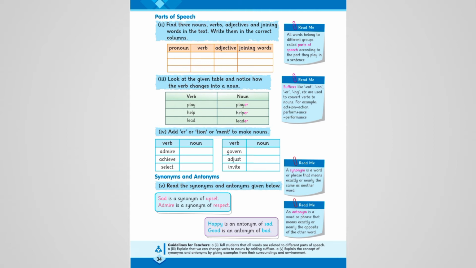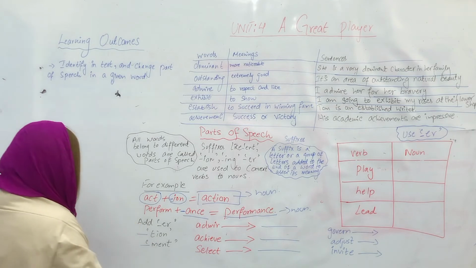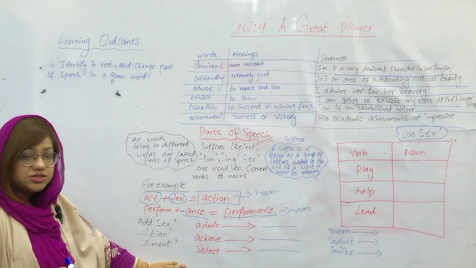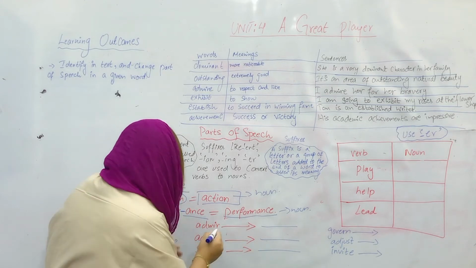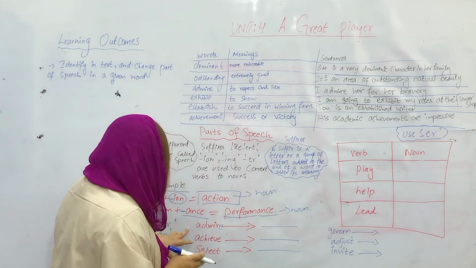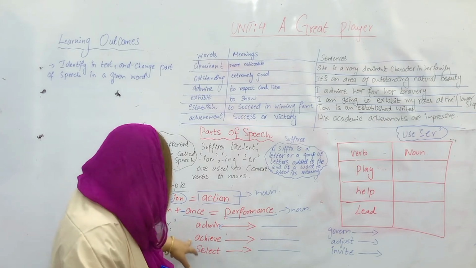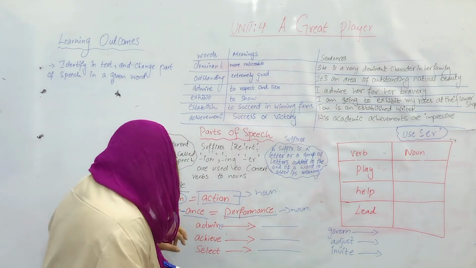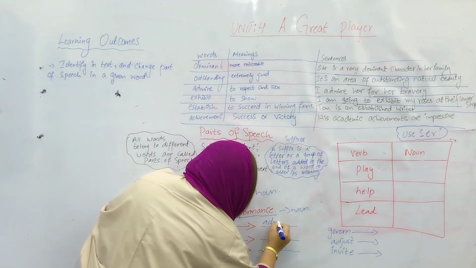Add er, use of tion, and use of ment. These letters can be used with these verbs. Admire. You can see it. Admire. Achieve. Select. Now, admire, use of tion, that is admiration.